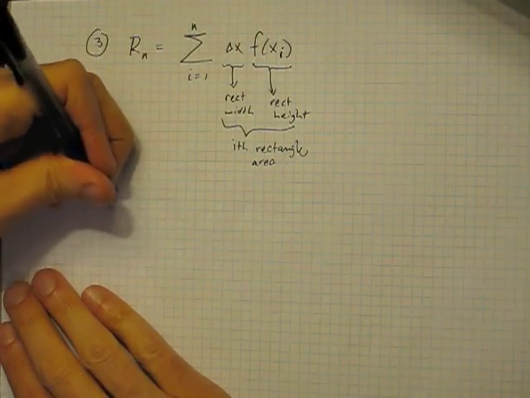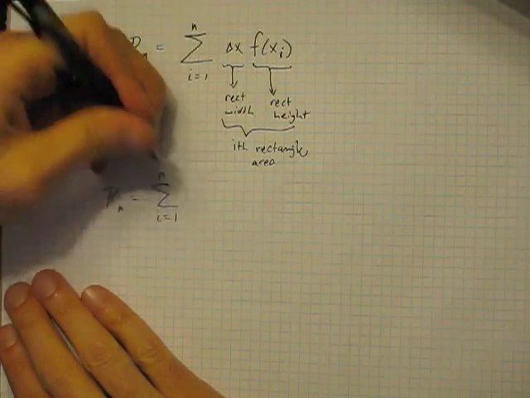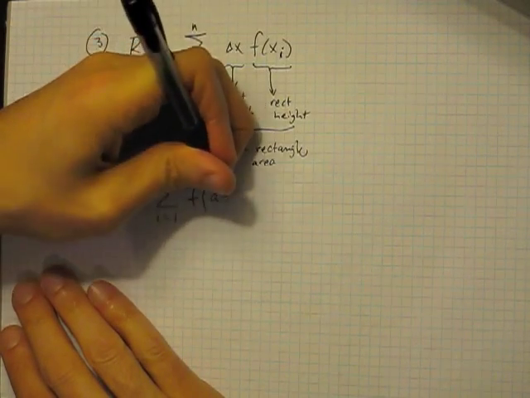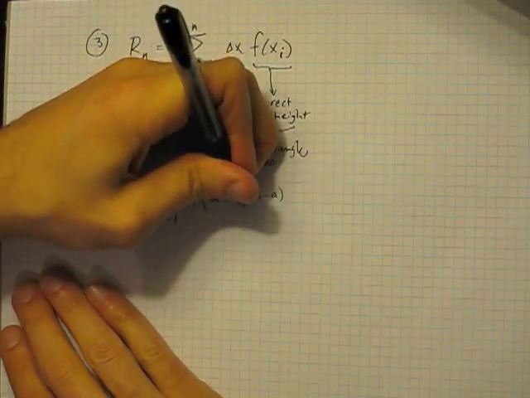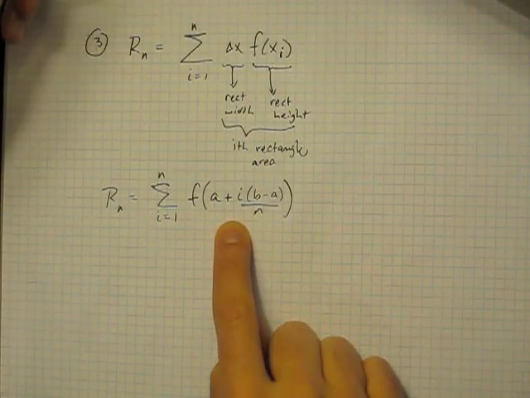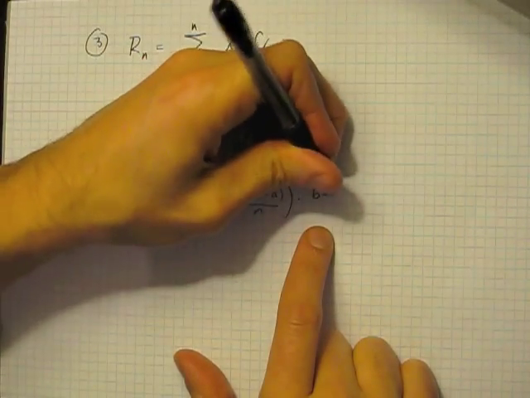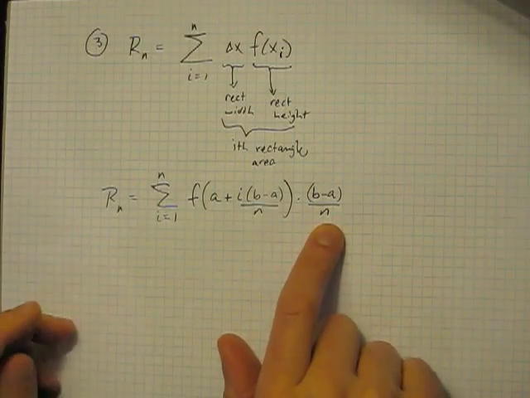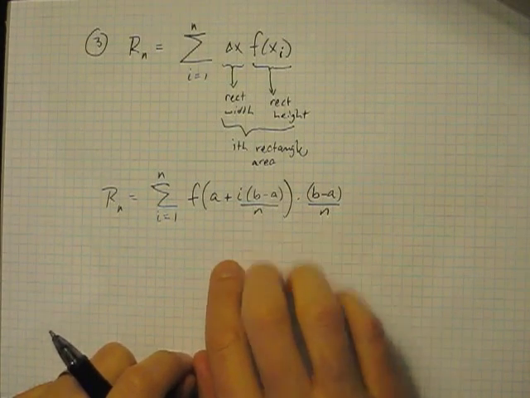So let's rewrite this. So i is starting at 1, and I'm going to write in f of a plus i times (b minus a) over n. This piece is the rectangle height, and then we're multiplying by b minus a over n. This is the rectangle width. All I did was take this fancy x language and put it in terms of a's and b's.